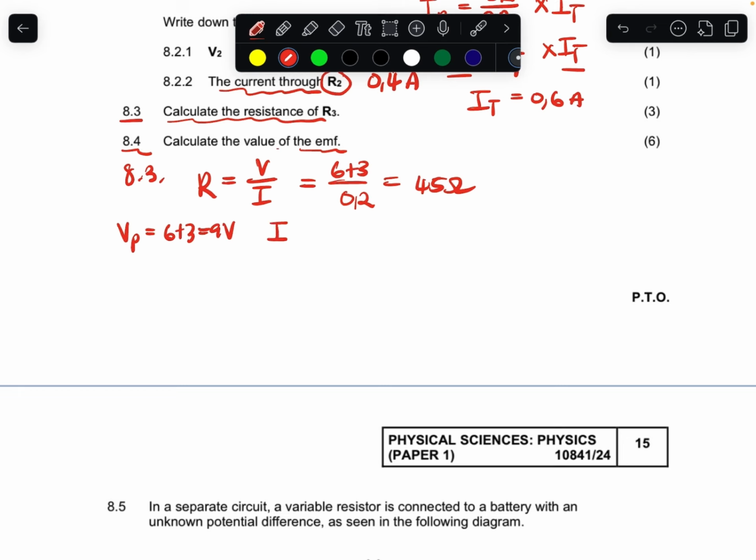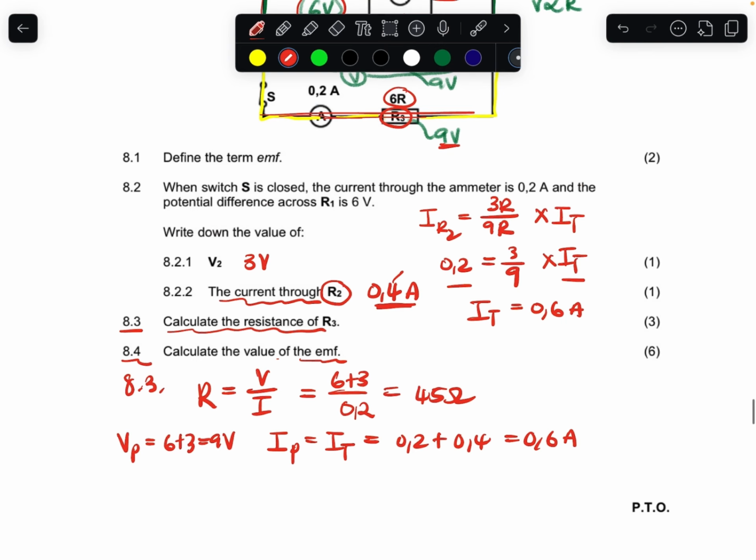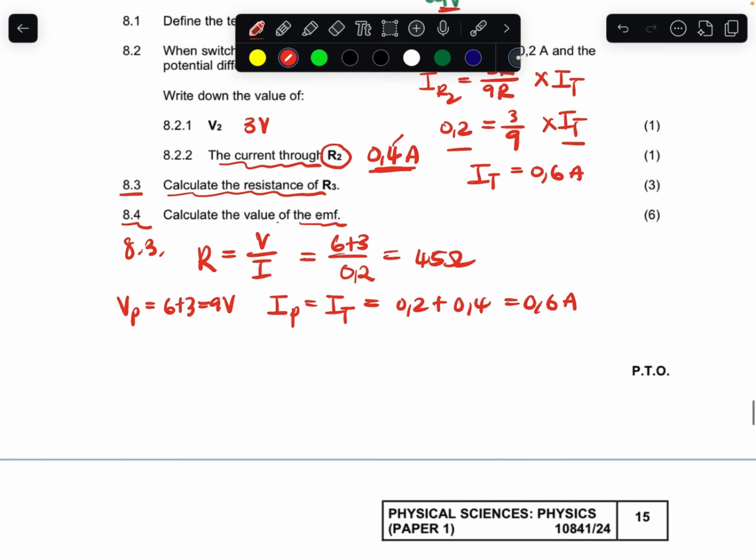And then the current there in parallel, which is a total current as well. So it's 0.2 plus 0.4 is equal to 0.6 amperes. Remember, they ask us, it's 0.4, and I've tried to prove the 0.4. So that's what we have there.